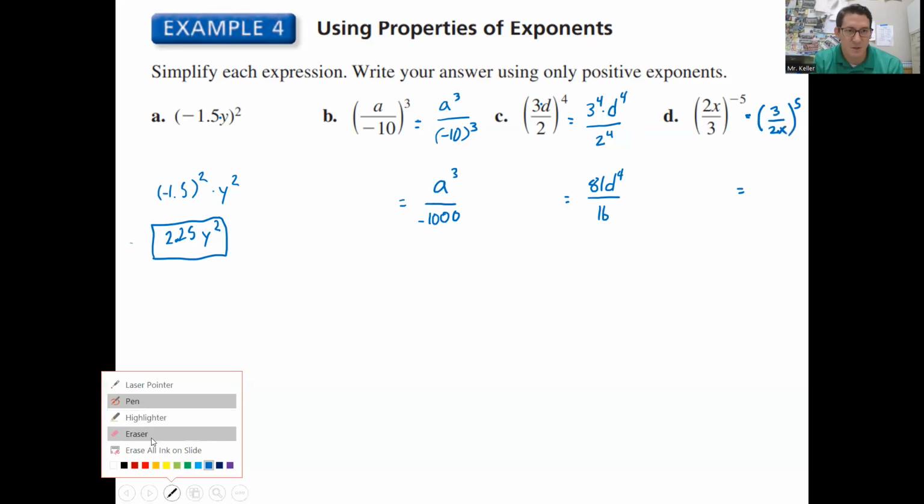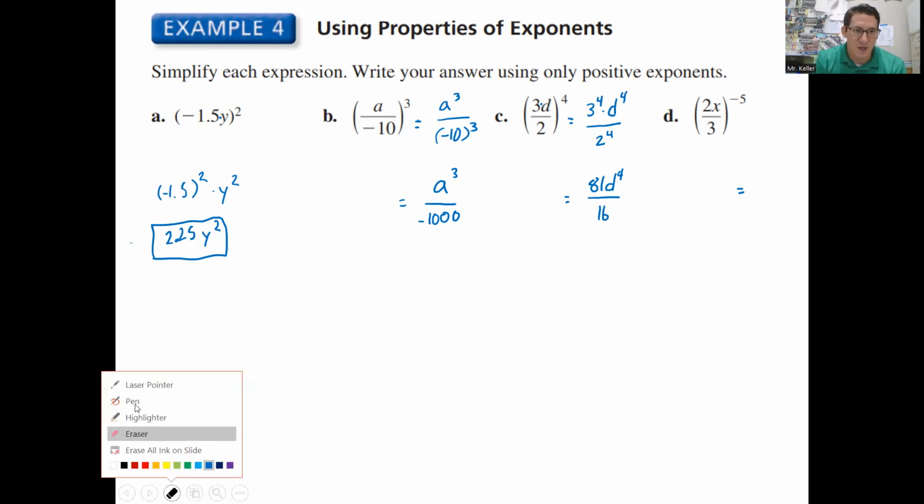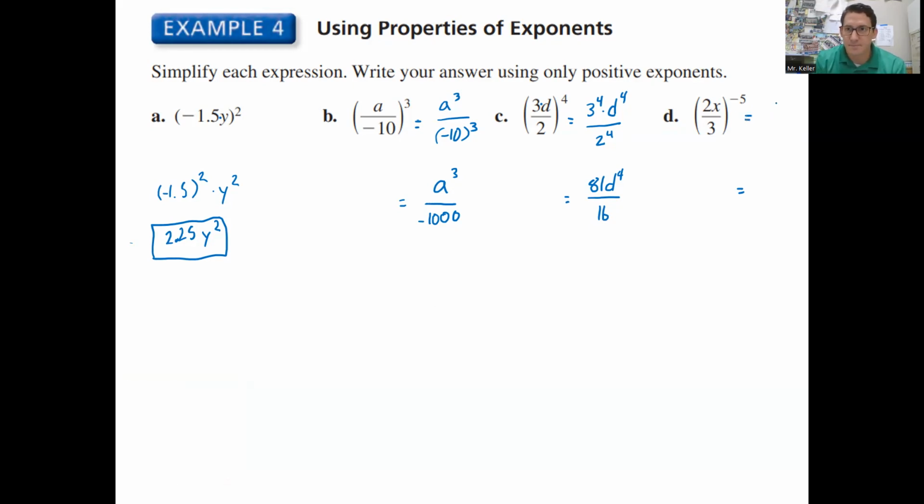I'm going to write this a little bit neater. So 2x, I'm going to write as 2 times x on bottom, and then 3 on top, and it's to the 5th power. So 3 to the 5th on top, and then it's 2 to the 5th times x to the 5th.